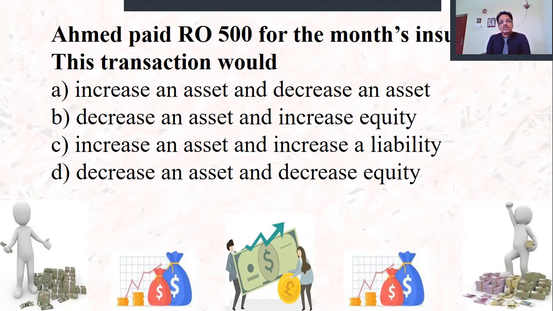Decrease in asset and increase in equity. Equity will not be increased. Whenever you spend money, your equity or capital, your ras al-mal, will decrease. Equity increases when you invest money, and when you make profit or revenue.